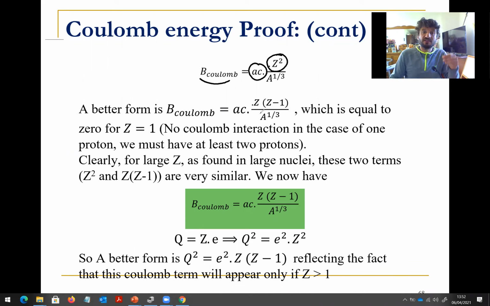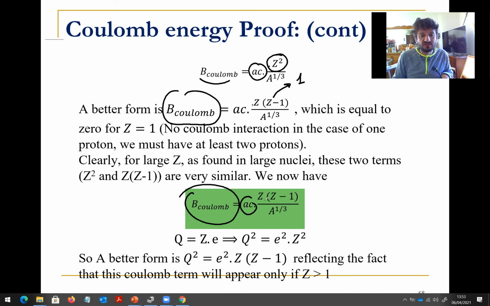But in this case, if you have Z equals 1, B Coulomb equals 0. As we said, we don't have any repulsive forces in the case of one proton. So it's better to write this expression B Coulomb equals AC Z times (Z minus 1) divided by A power 1 over 3.